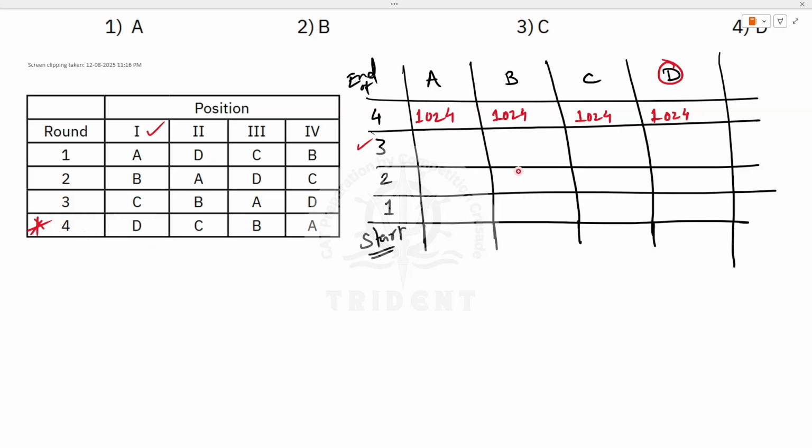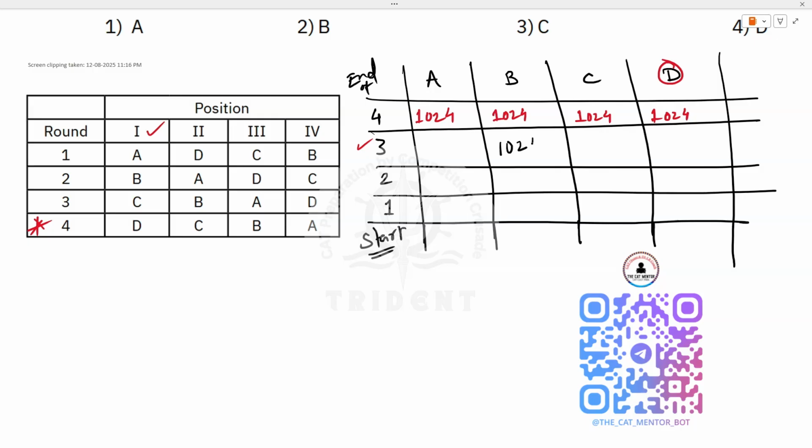Whatever money X he had, that money would have multiplied to 1024. Similarly for C, whatever the money was got multiplied by twice, and that is the amount that came in over there. B remained as it is. That means B is at 1024. So I can straight away put in 1024 over there.